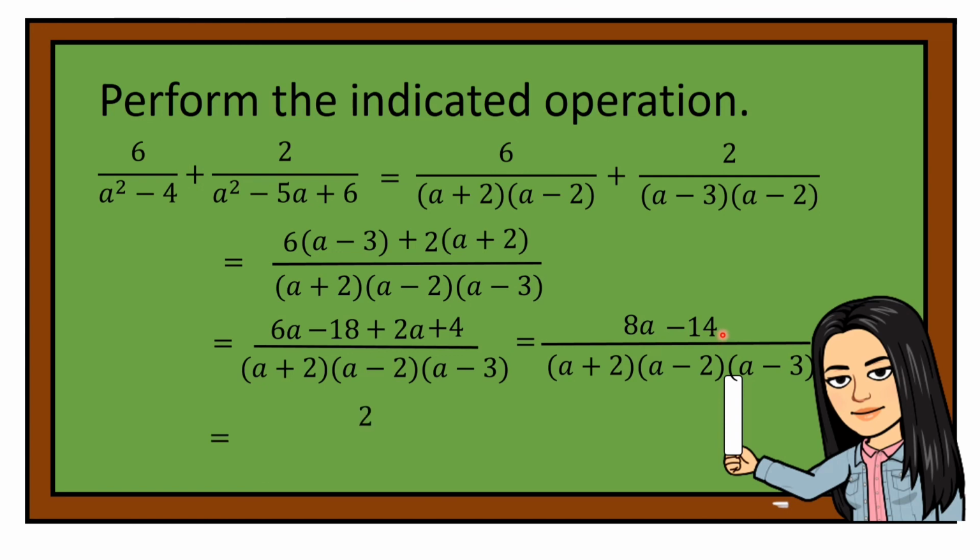And the greatest common monomial factor is 2. So 8a divided by 2 is equal to 4a. And then negative 14 divided by 2 is equal to negative 7. Over the least common denominator, which is a plus 2 times the quantity a minus 2 times the quantity a minus 3. Since the numerator and denominator don't have common factors, therefore, it is our final answer.